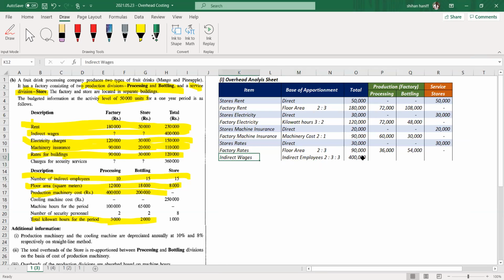Indirect employees, they have given. So take 400,000.